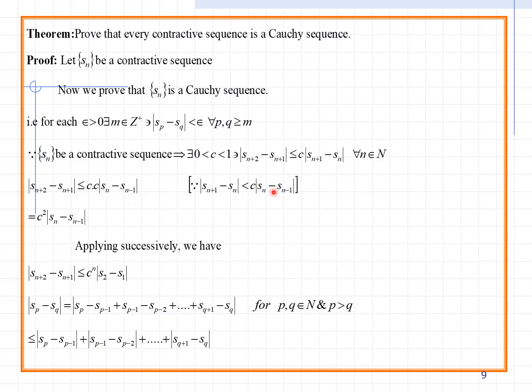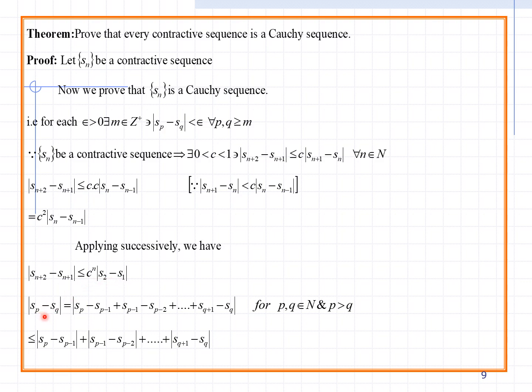Why? Because of the property of a contractive sequence, Sn plus 1 minus Sn is less than c times modulus Sn minus Sn minus 1. So you can multiply both: c into c is c square. Applying successively, we have modulus Sn plus 2 minus Sn plus 1 less than or equal to c power n modulus S2 minus S1.